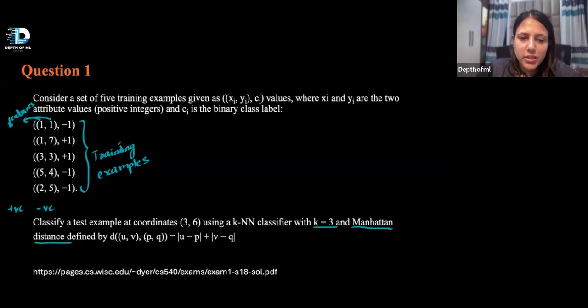Manhattan distance is nothing but, for every feature, you compute the absolute difference and you just add them up. This is the absolute difference between the first feature, this is the absolute difference between the second feature, and you're just adding that up. That is Manhattan distance. So you should use Manhattan distance and use 3 nearest neighbors to classify this data point. Let's see how to do this.